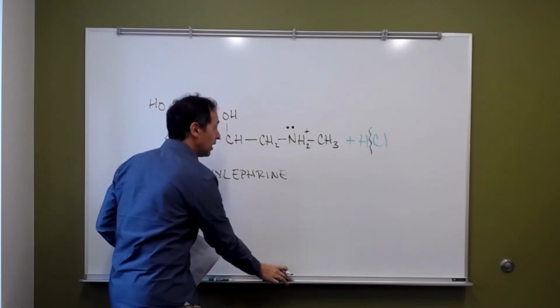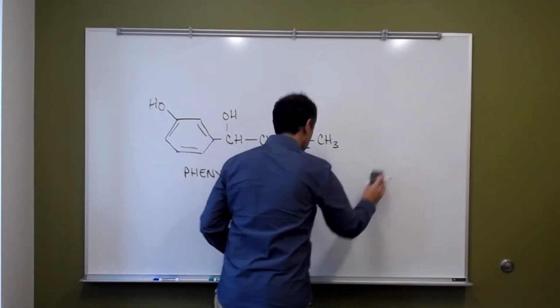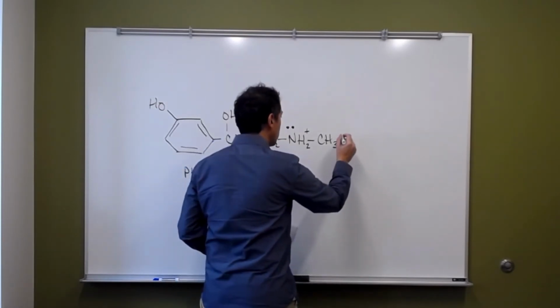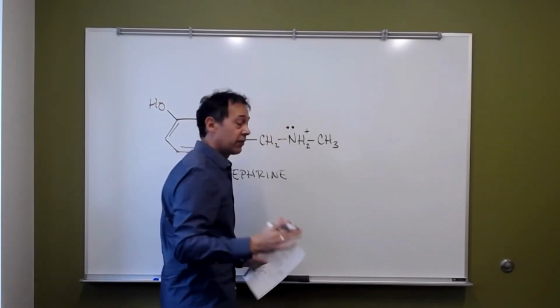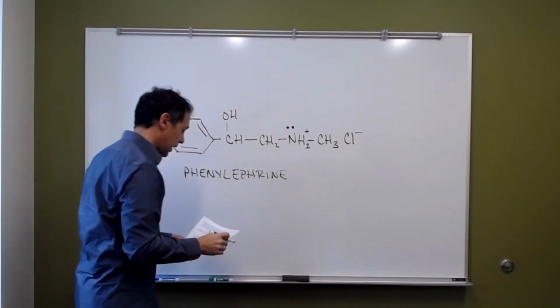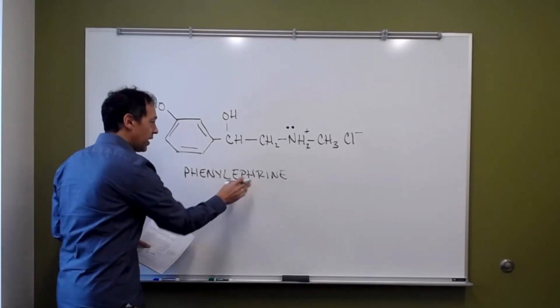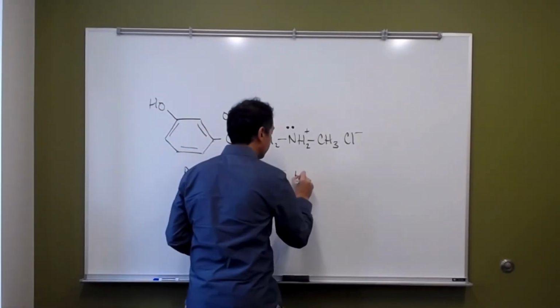That makes this a positively charged ion. And then over here, that's going to be attracted to the chlorine from the HCl, like this. Now this molecule becomes phenylephedrine hydrochloride.